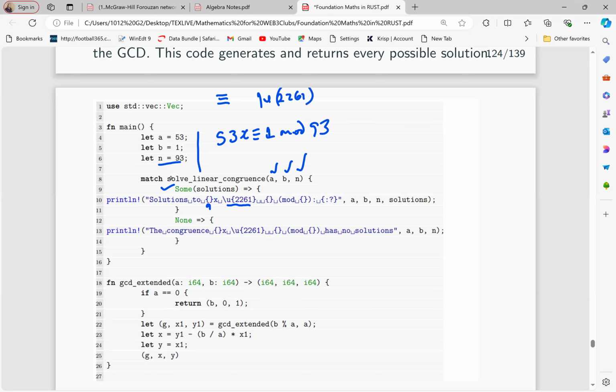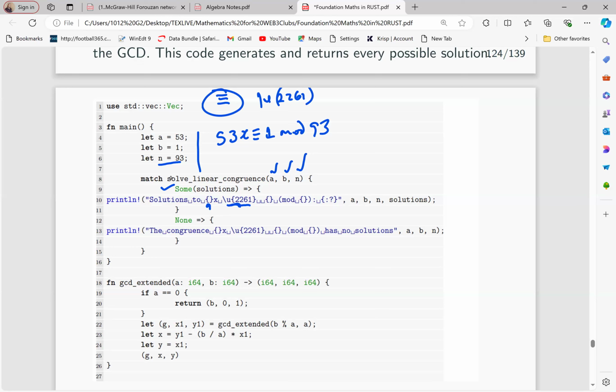So when you are typing, if you type this, it will still run. Of course, mine is running with this. That is the equivalent of congruence. So these two mean the same thing.